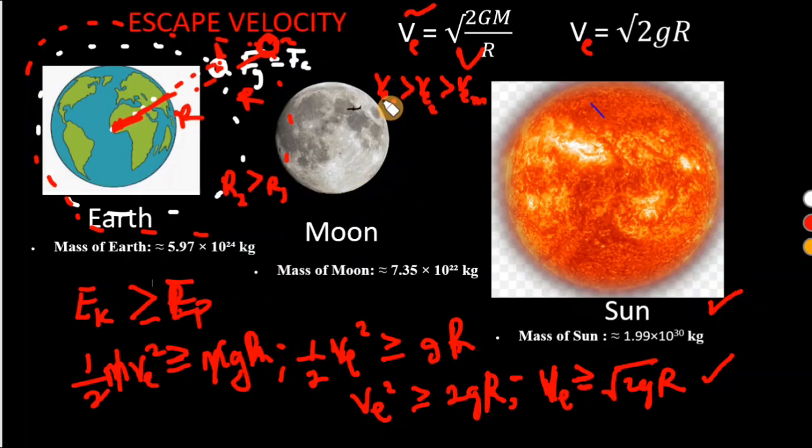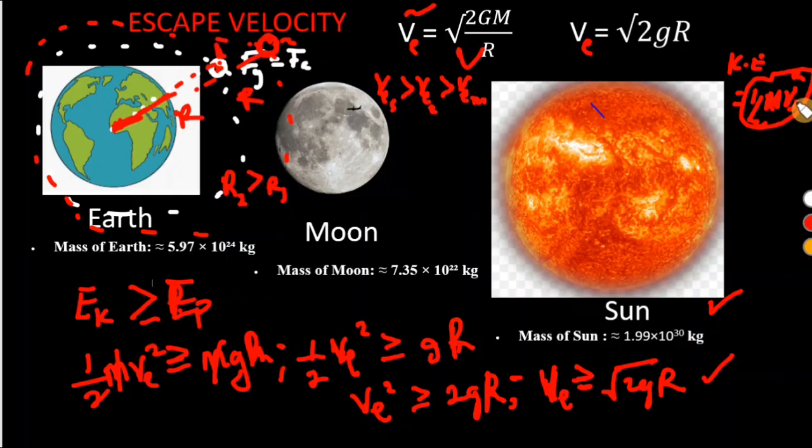Since the escape velocity of the sun will be more, it implies that the energy needed for a body to break away from the gravitational influence of the sun will be greater, because of this relationship. The kinetic energy is half mv squared. So this is the relationship between the mass of the body and the escape velocity.